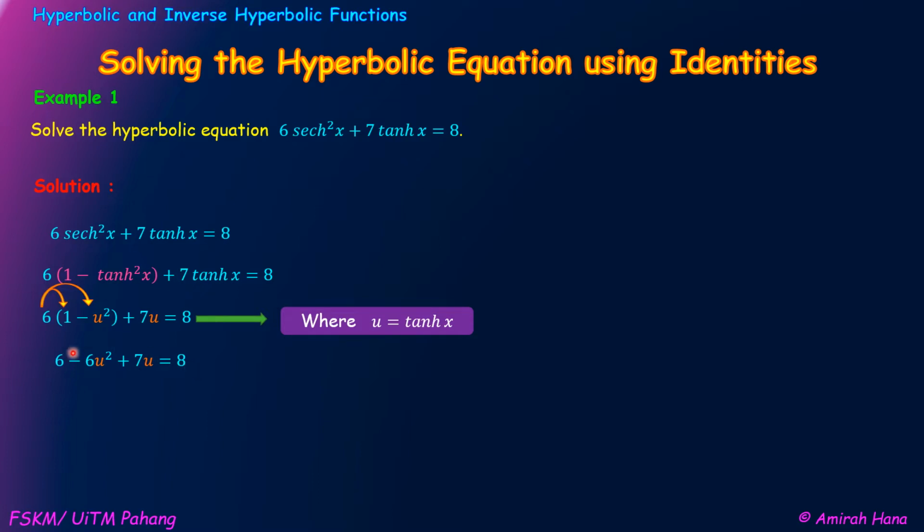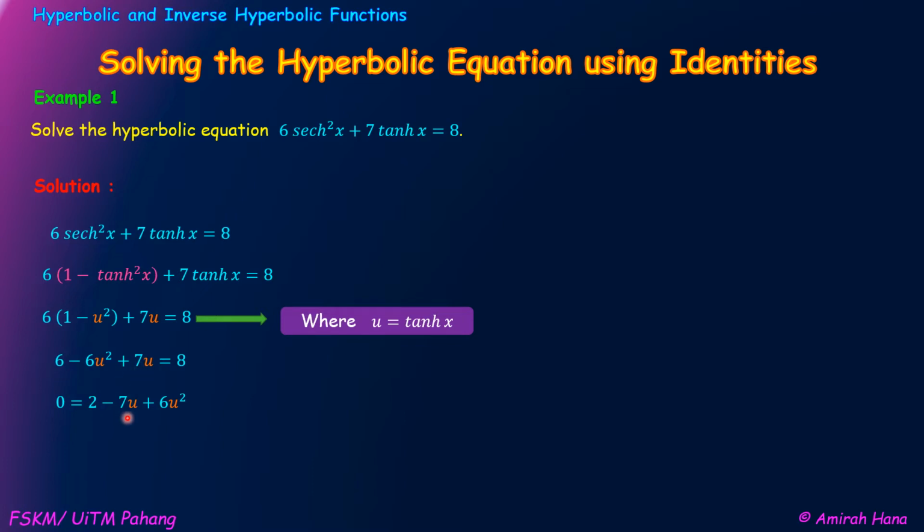This is a quadratic equation. So to solve a quadratic equation, one side should be 0. Let's say we bring all terms from the left hand side to the right hand side. So we got 0 equals 8 minus 6 equals 2, and then plus 7u.